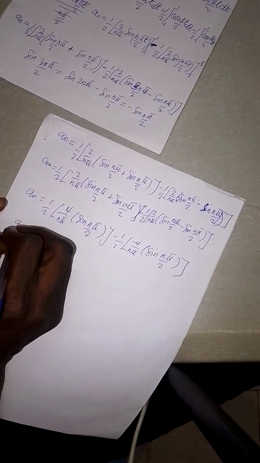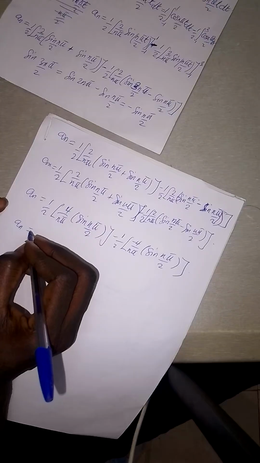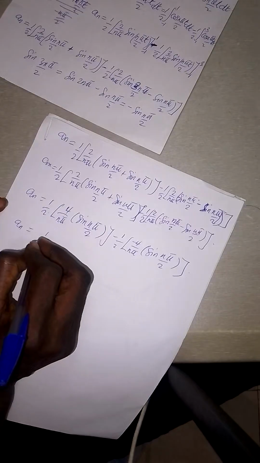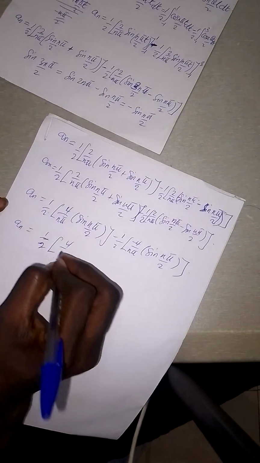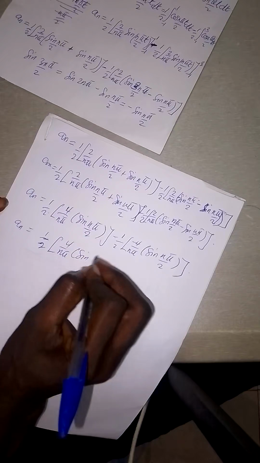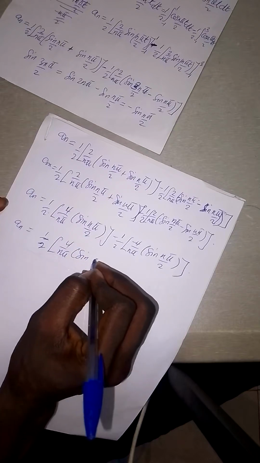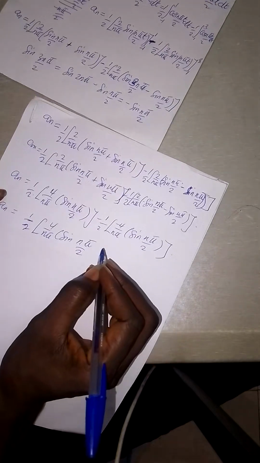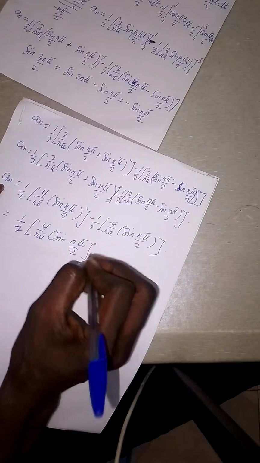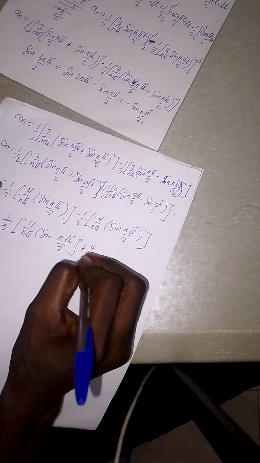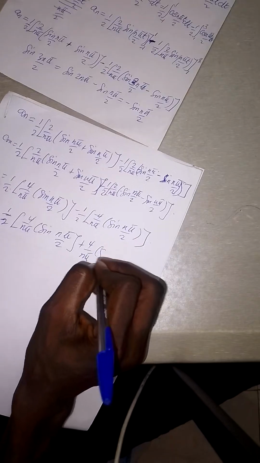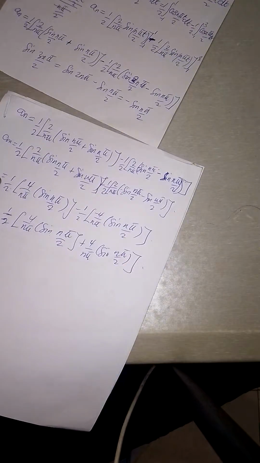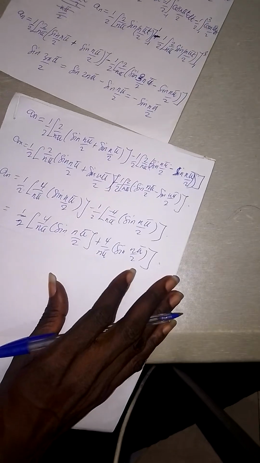So now you can see that An is equal to, this half is common to the two of them, so you can bring it out, and then you can see 4 over n pi into sine n pi over 2. Minus minus will become positive. So here I will have plus 4 over n pi into sine n pi over 2. So that is what I'm going to get.